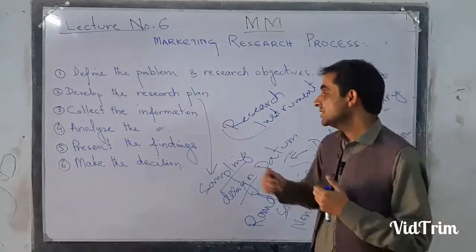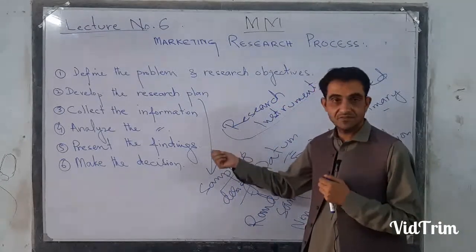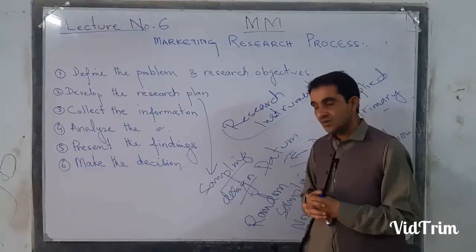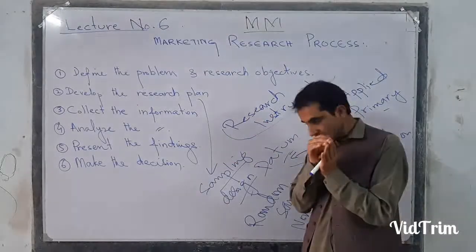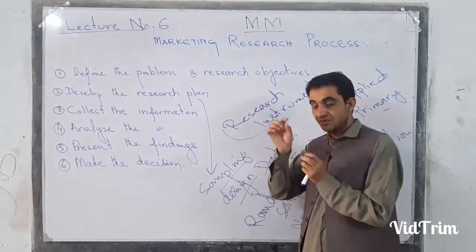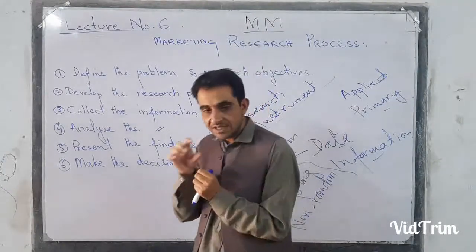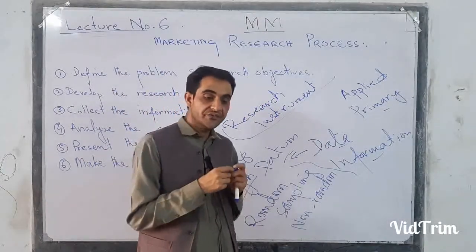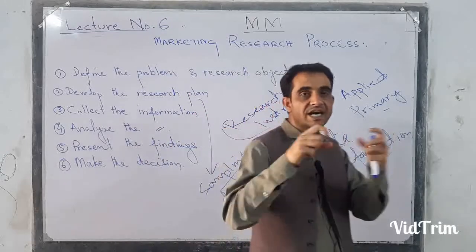Then we are presenting the findings. Presenting the findings means we are making the report. In the report, we describe what the problem was, how we collected the data, what our conclusions were, and what new outcomes and findings we got.